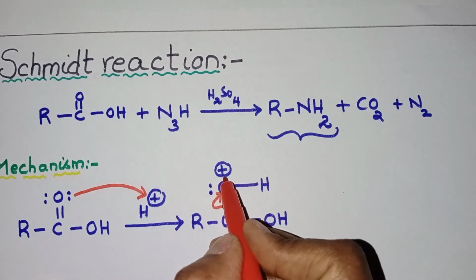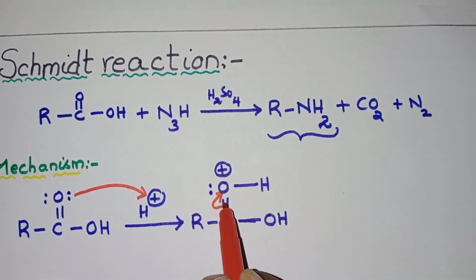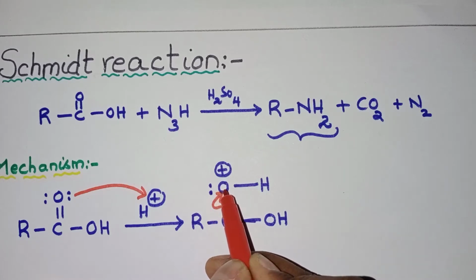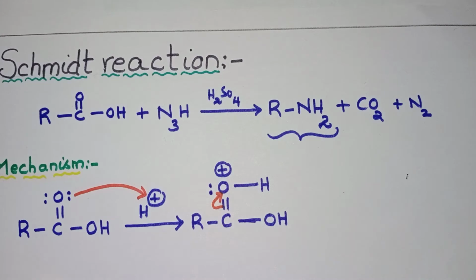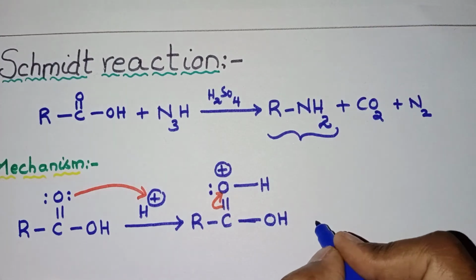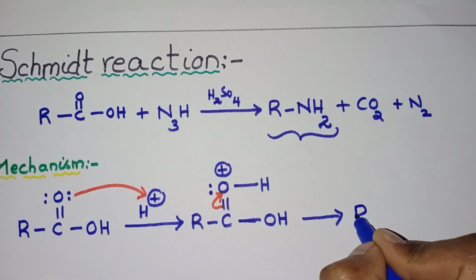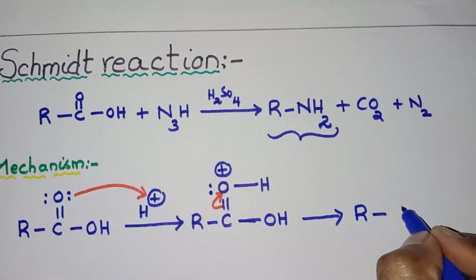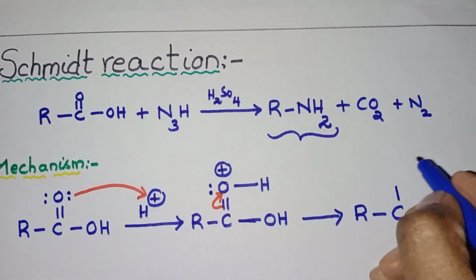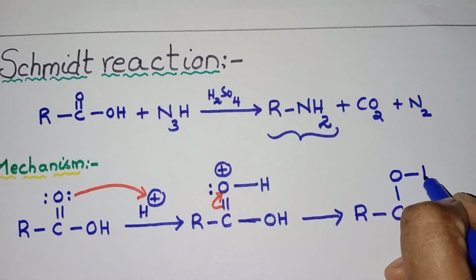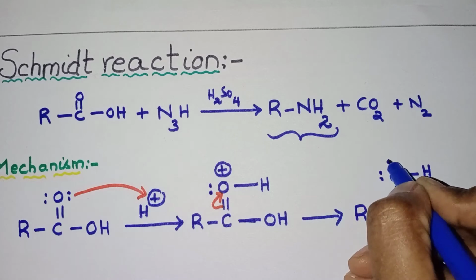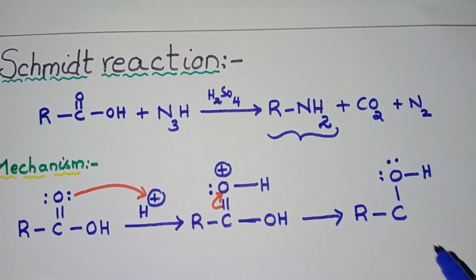In order to satisfy it, it takes up these two electrons, which means these pi electrons will be shifted towards oxygen. Write down next R, C. Now here will be only a single bond, OH. It got its two pairs of electrons back. And here on the right side, OH.